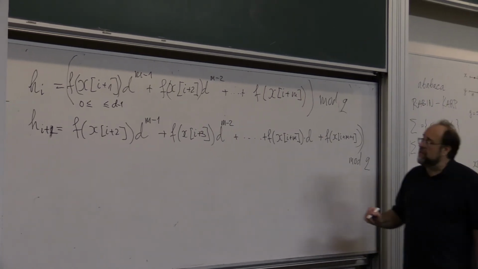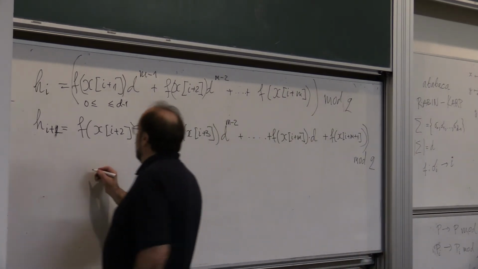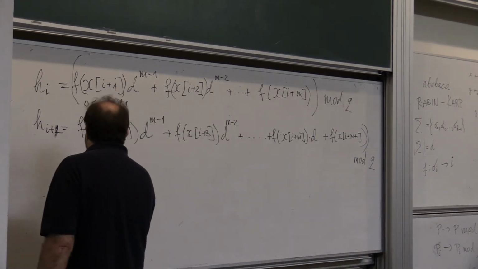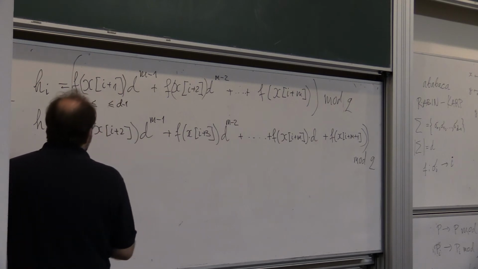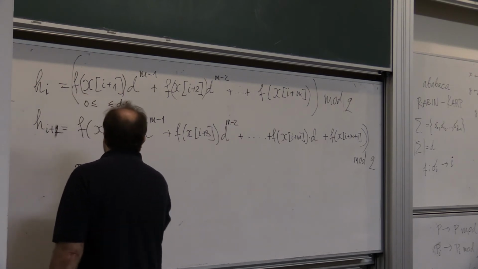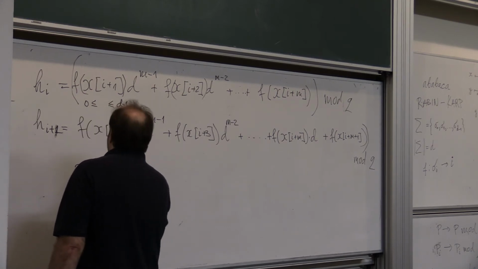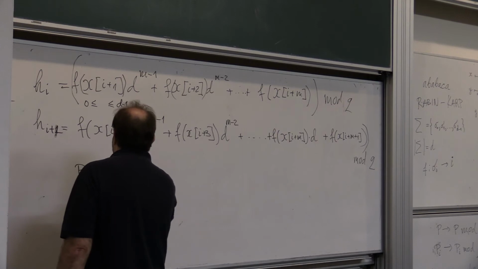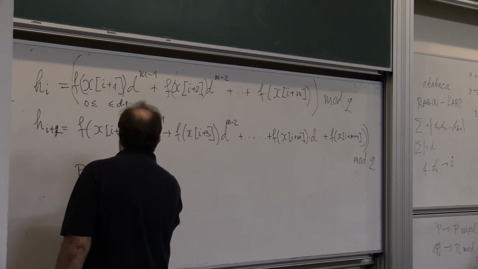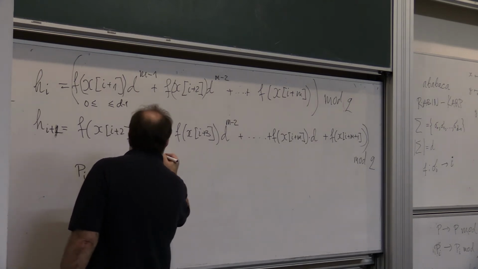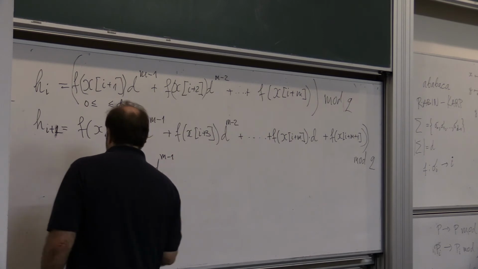So I will simply take p i minus f of x I plus 1 times d to the m minus 1.